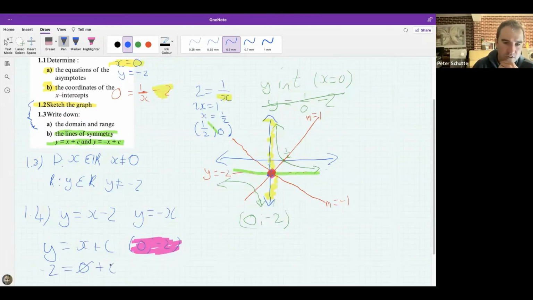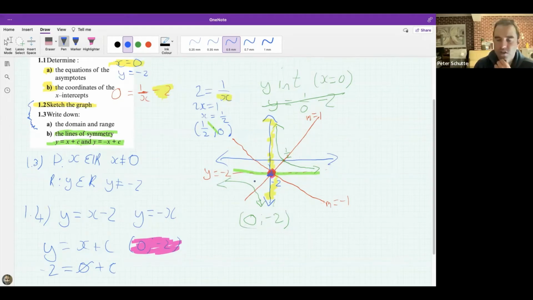What you notice is that c is -2. And you knew that because visually, c is the y-intercept, and we could see that it was at -2 on this line over here. So we're using a bit of a shortcut there. I just wanted to guarantee that the line with a positive gradient has a gradient of +1, and the same for the line with the negative gradient.